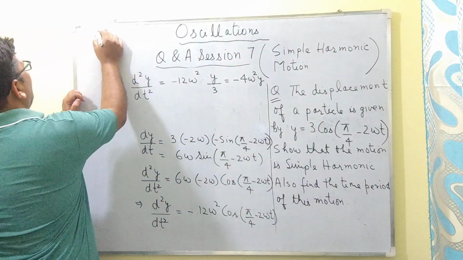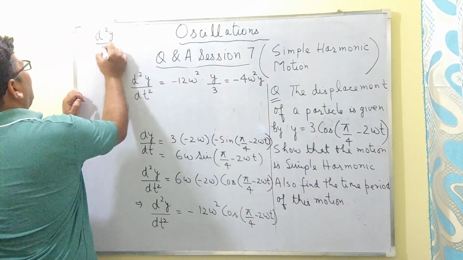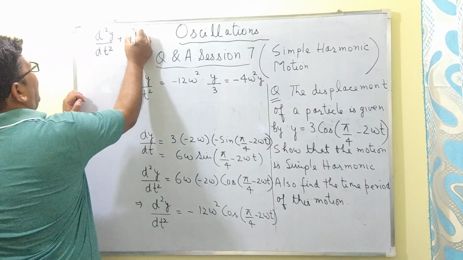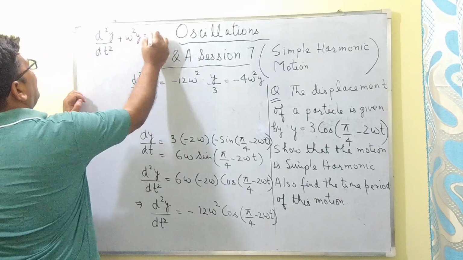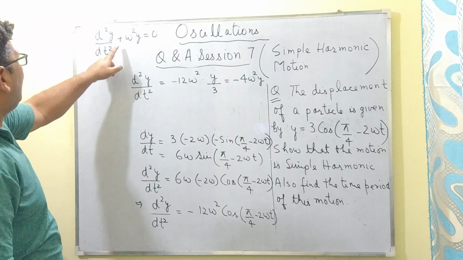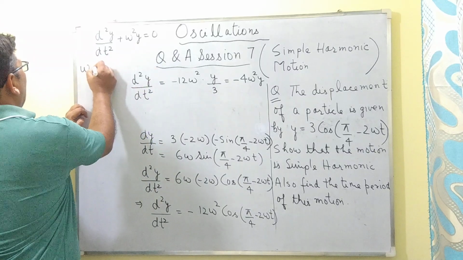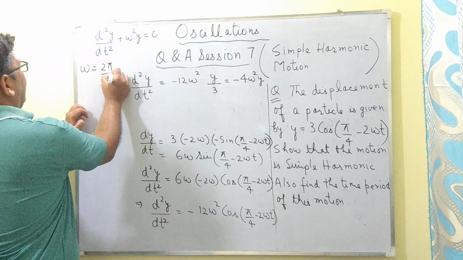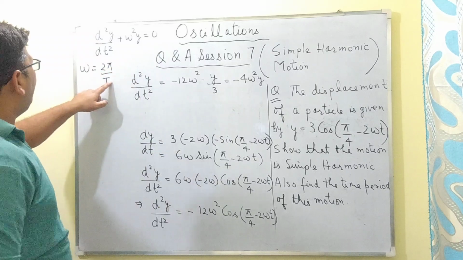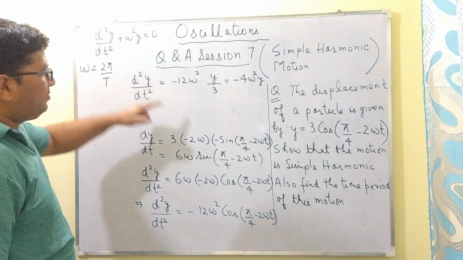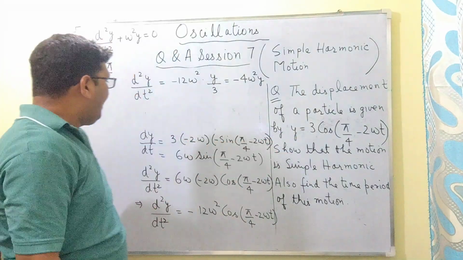Now we know that the acceleration of the particle which is executing simple harmonic motion is given by the equation d square y upon dt square plus omega square y is equal to 0, where omega is the angular frequency given by 2 pi upon T, where T is the time period, and y here is the displacement of the particle at any moment of time.